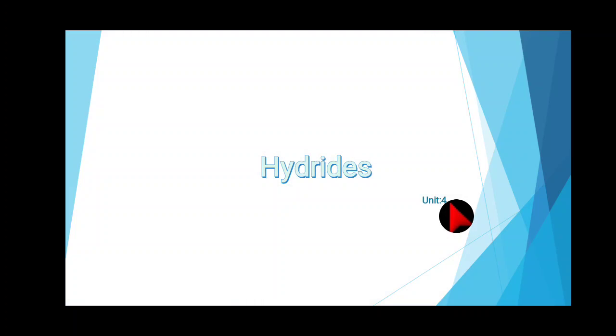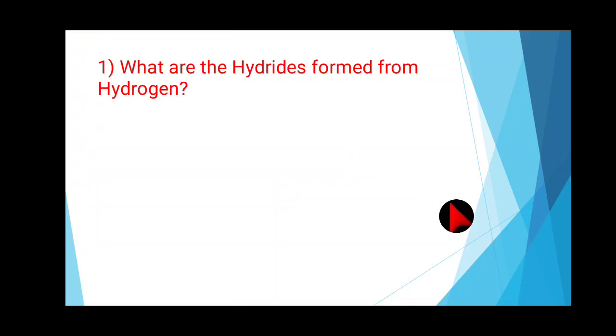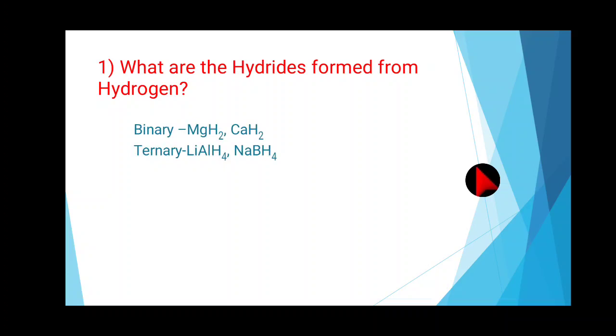First we see hydrides. What are the hydrides formed from hydrogen? Two types of hydrides we can get from hydrogen. One is binary hydrides, another one is ternary hydrides.